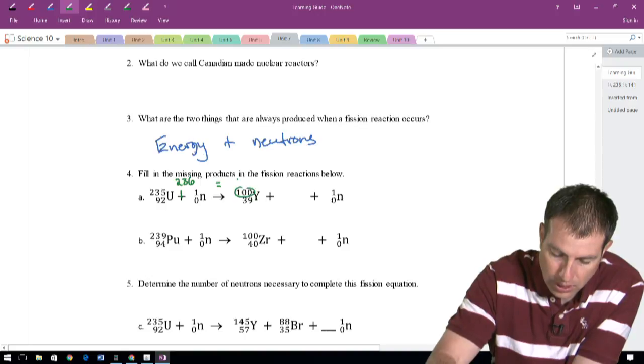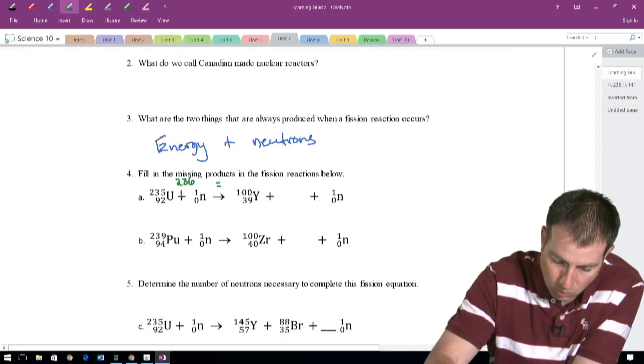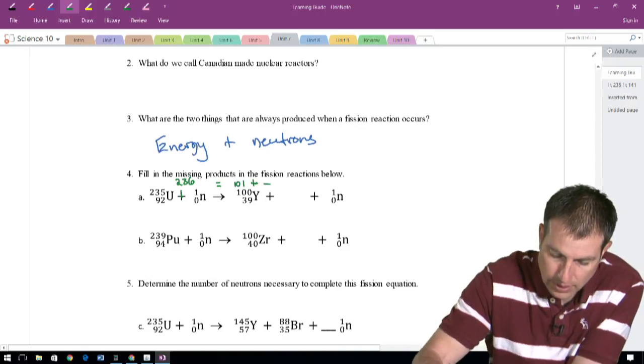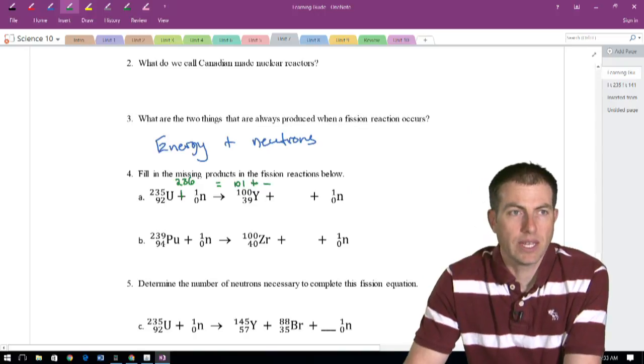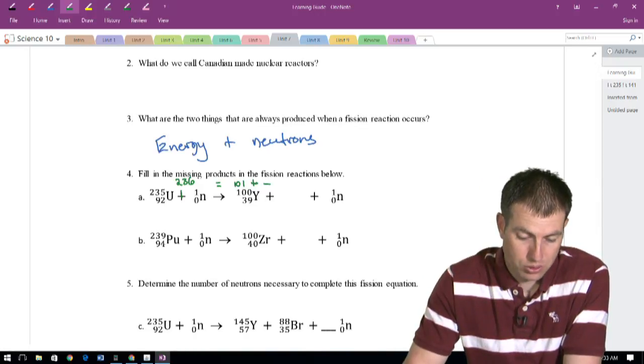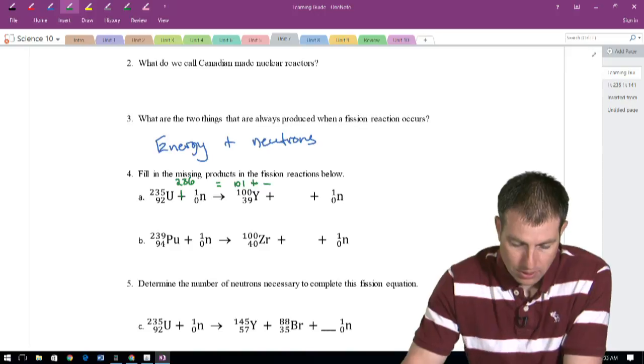Over here, I have 100 plus something plus 1, essentially 101 plus something has to equal 236. So what does that something have to be? Just do some quick mental math.